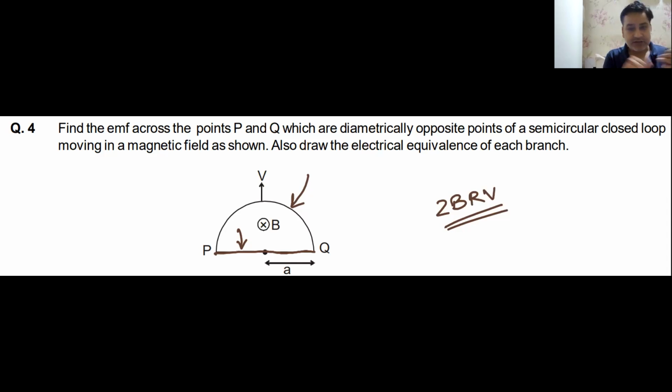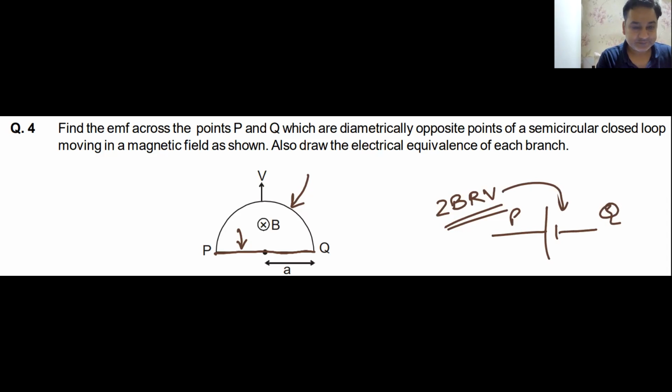And velocity is here, velocity is upwards, magnetic field is downwards. Point P will be here and point Q will be here, and the EMF will be equal to 2BRV. Do we understand this better? Yes, sir.